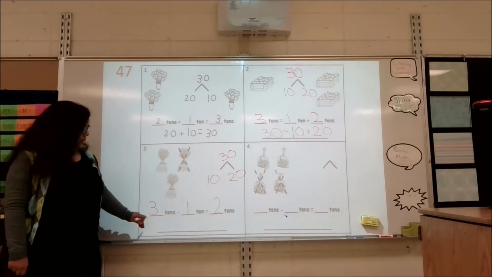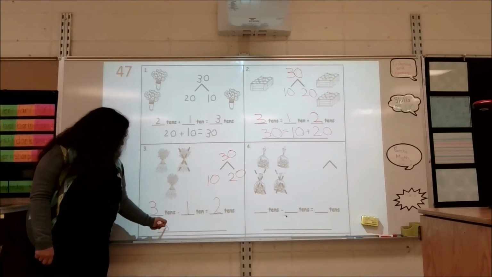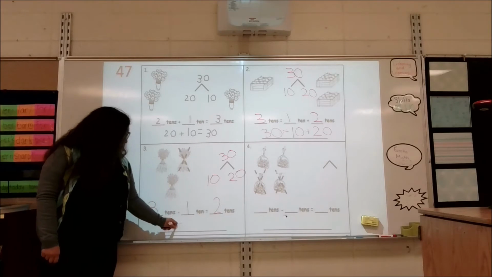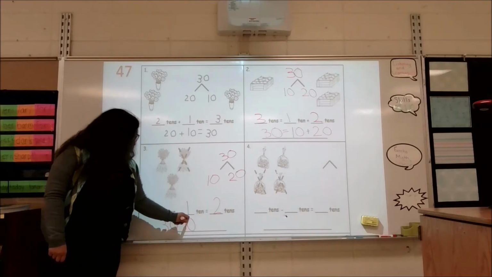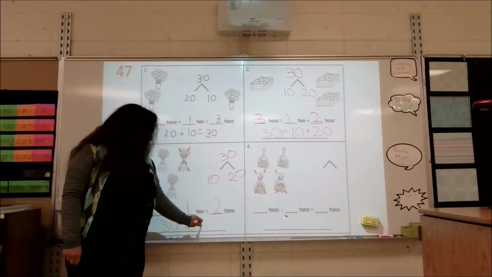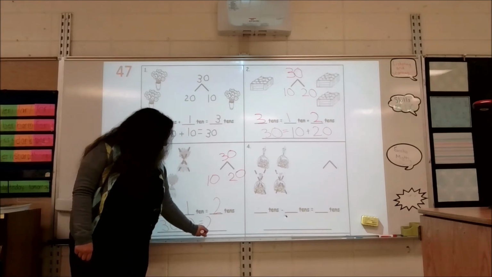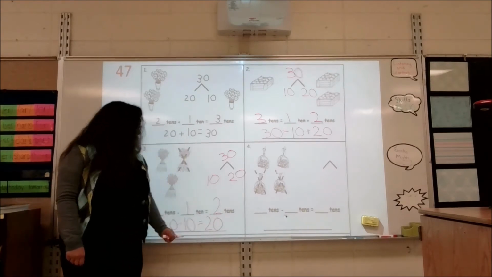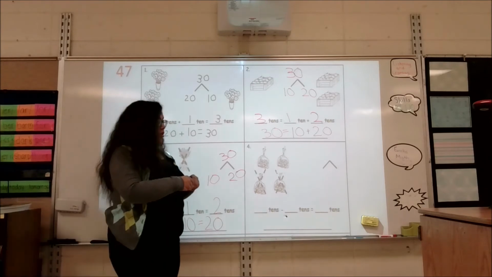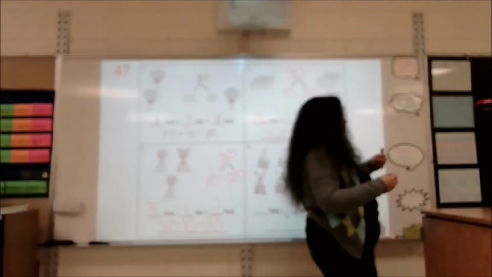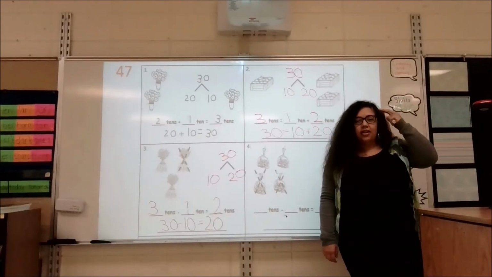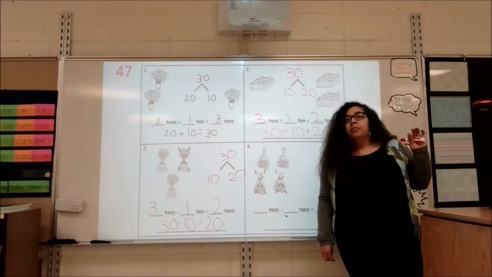So 3 tens is 30 minus 1 ten or 10. So 30 minus 10 is equal to 20. Notice our main objective now is to switch our units, and then remember, and think about 2 tens is not the same as 2 gumballs.